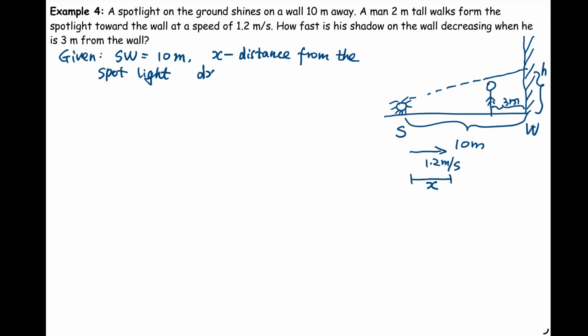Then dx over dt is constant, 1.2 meters per second is the person's speed. And the person's height is 2 meters.